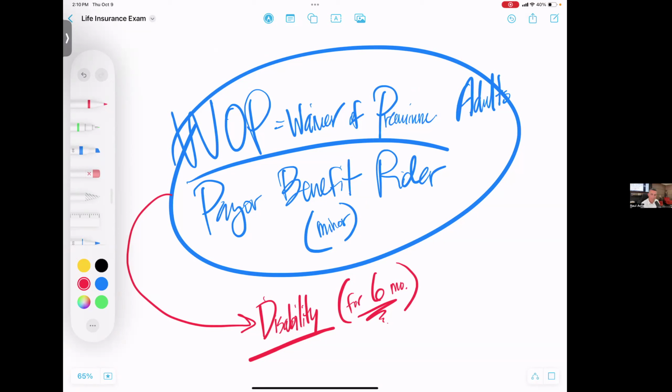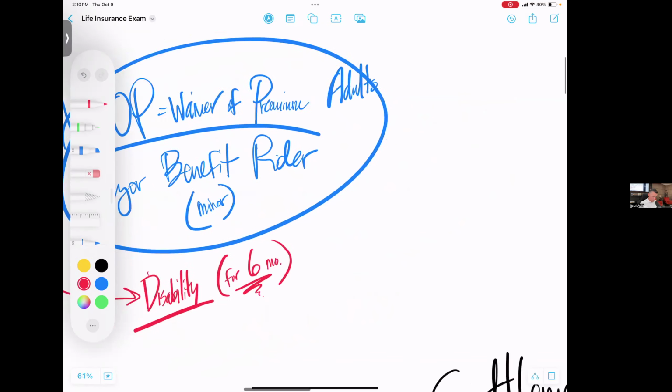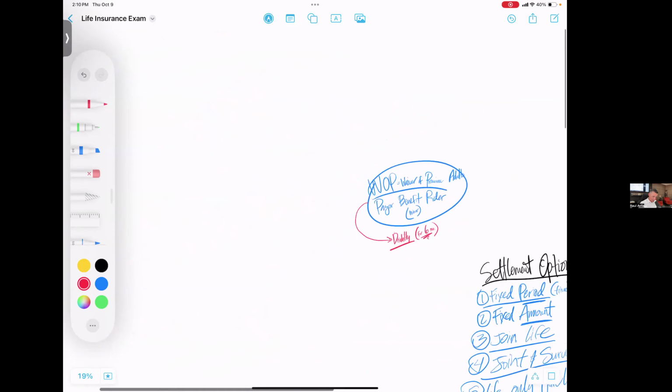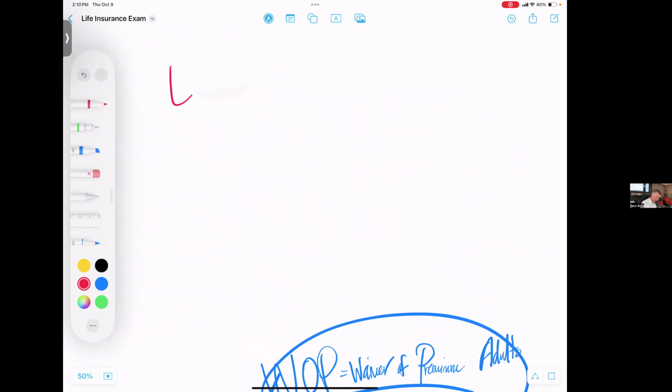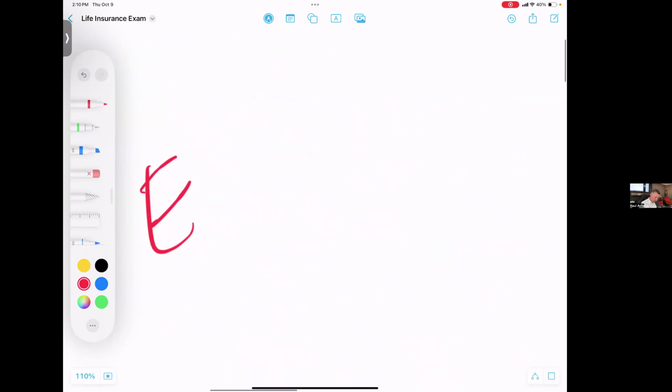Whenever I look back at how I did on each of the chapters, the one I struggled with the most was provisions, riders, and exclusions. Exclusions a lot. Okay, provisions and exclusions. Provisions is more like rules, but let's go to exclusions. Exclusions is easy. I'm going to explain it to you.